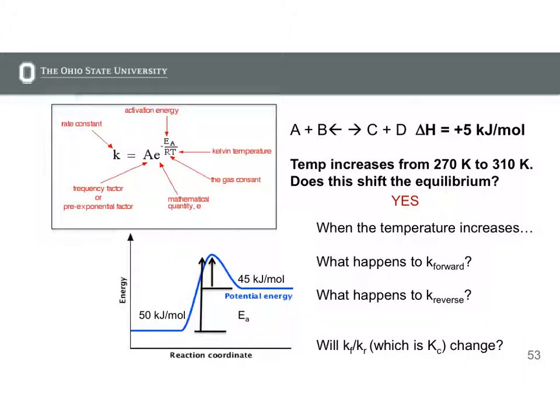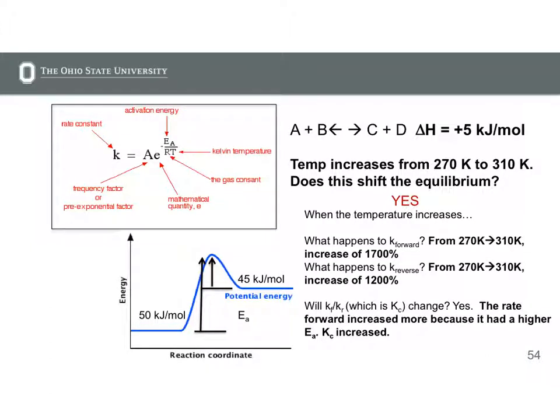What happens to the forward rate when we increase the temperature? Same thing as last time, right? It's going to increase, and the reverse rate is going to increase. But the really cool part comes in when you look at the percent of increase in the reaction rates. You can calculate the percent increase based on the Arrhenius equation. When we increase the temperature from 270 to 310 Kelvin, the forward rate increases by 1,700%.